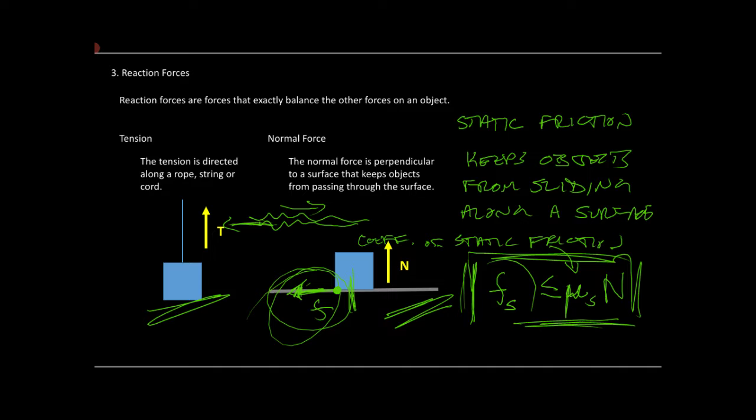So those are the three reaction forces. The important thing is that they usually balance out other forces. The other thing is the directions. The tension is always along the direction of the rope or the cord or the string or whatever it is.